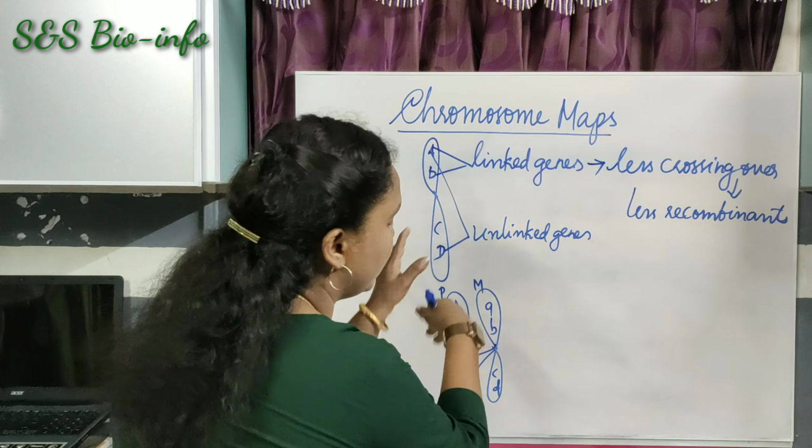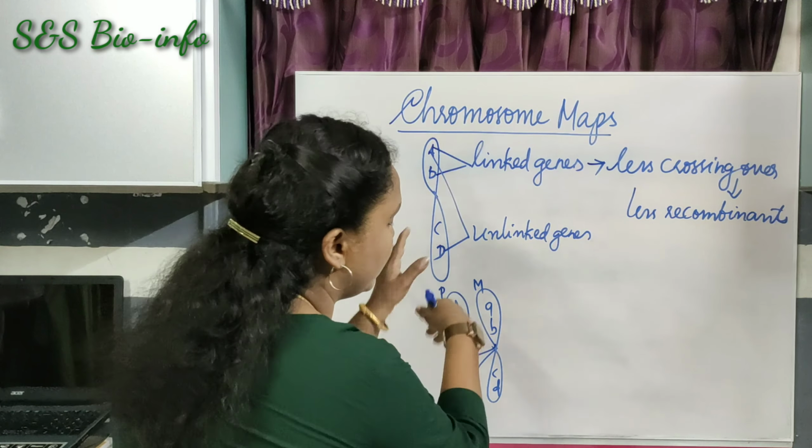In the case of unlinked genes, as they are distantly located, there will be more chances of crossing over, more crossing over, and more recombinants.